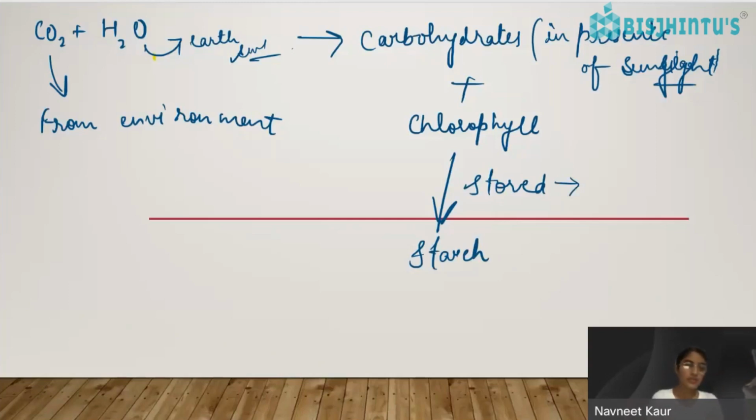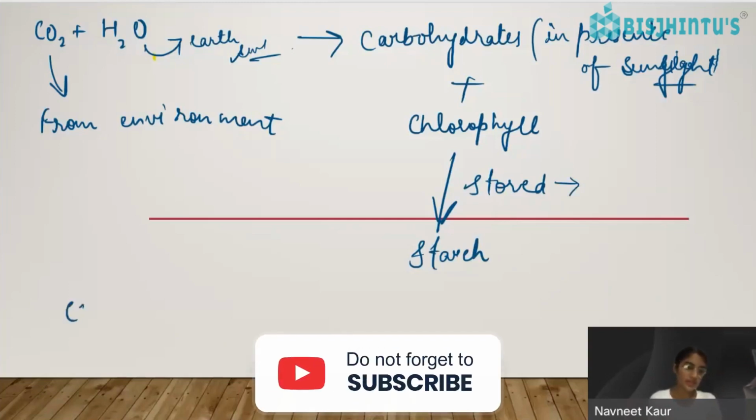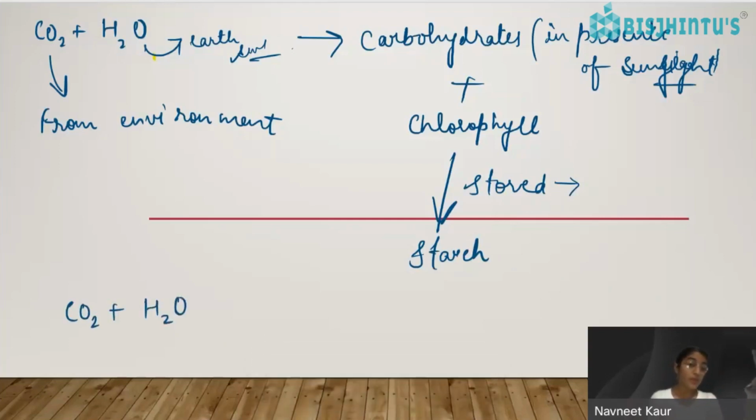So the reaction which is taking place when this process is occurring is carbon dioxide plus water. Very important thing that you need to take care of, that we need 6 moles of carbon dioxide and 12 moles of water in the presence of chlorophyll and sunlight.